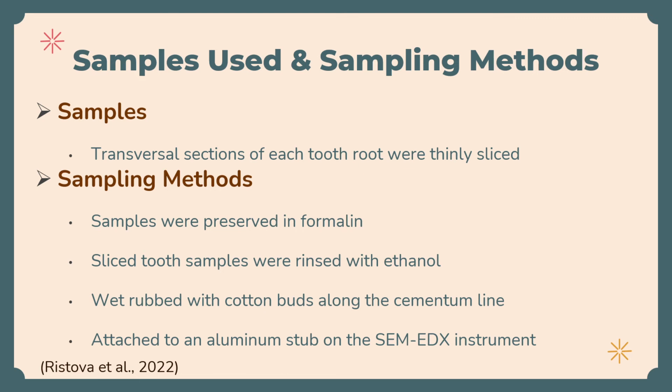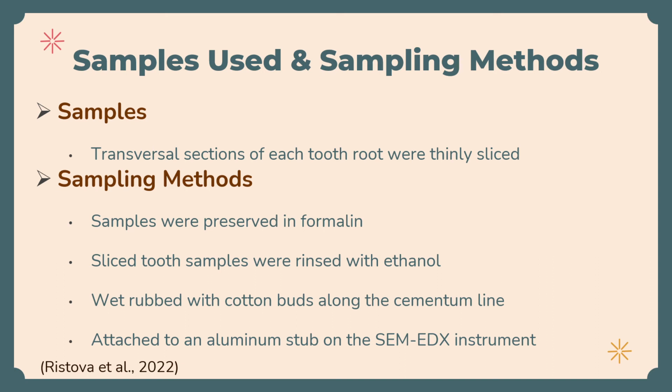As for the sampling methods, the samples were tooth samples collected from female donors, and each sample was cut into transversal sections. Each of the samples was preserved in formalin until thermal and UV sterilization could be performed.